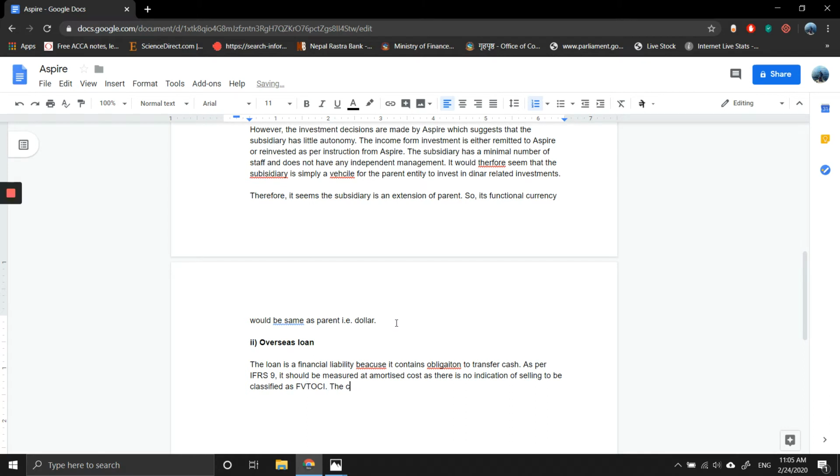In a contract, the intention is to pay; this is a debt. So it should be measured at amortized cost.